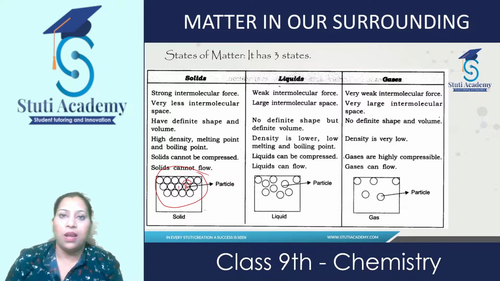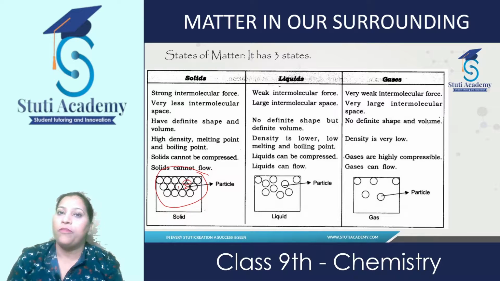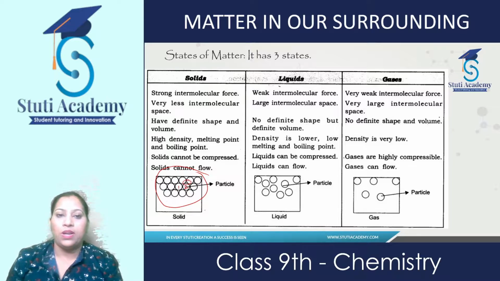So these are the properties of the solid state of matter, and this is due to the arrangement of particles in the solid state. If we talk about the liquid state, in liquids the arrangement of particles is somewhat like this.